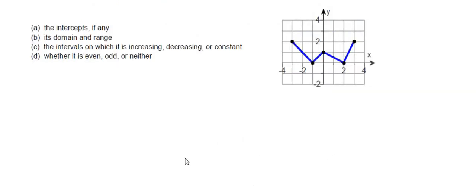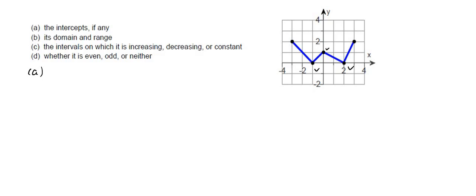Now let's take a look at the third example. First of all, we still try to find the intercepts. Let's check the curve. The curve touches the x-axis at 2 points, this point and this point, and it also crosses over the y-axis at this point.